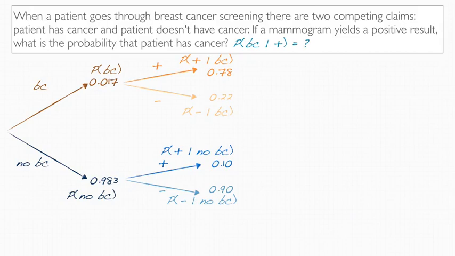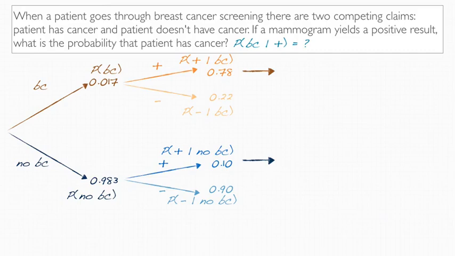We're given that the patient has tested positive. So really, we're only interested in the first and the third branch here. We don't even have to worry about the other branches because we know the patient we're interested in doesn't come from the sect of the population that tested negative.